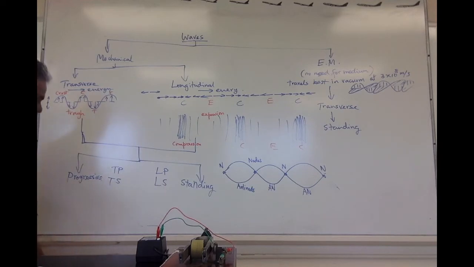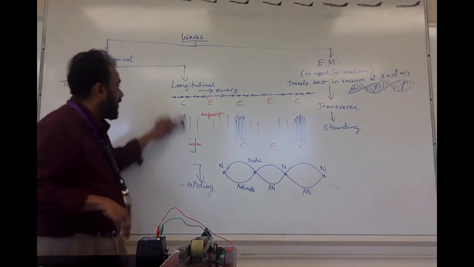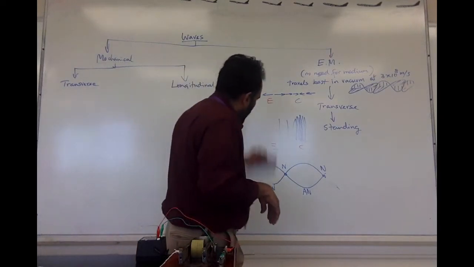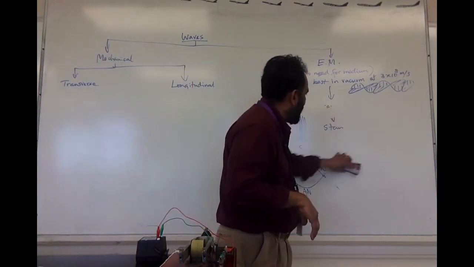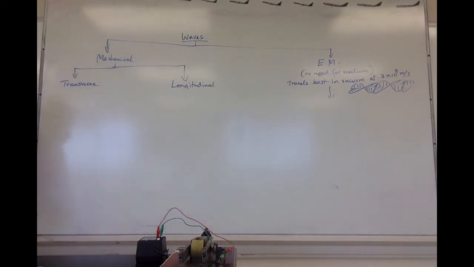Now let's go into transverse wave again, or waves in general again. So I gave you all the 4 different types of waves, and I showed you what is a standing wave as well. And you know the example of each one.